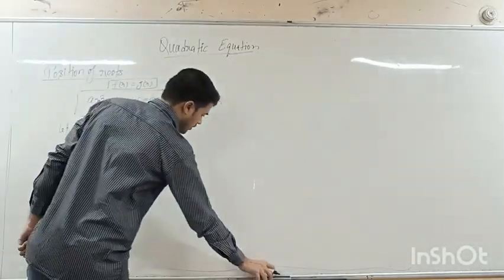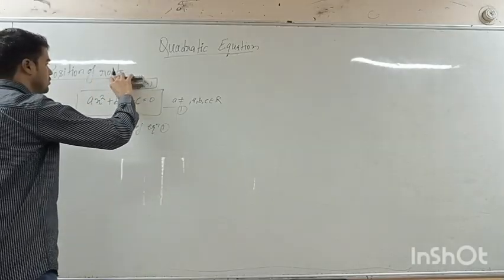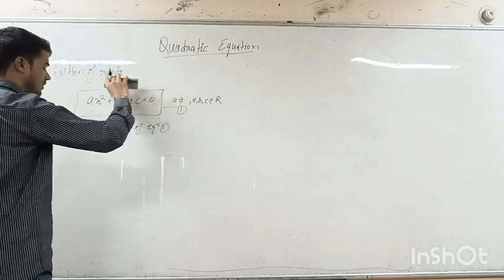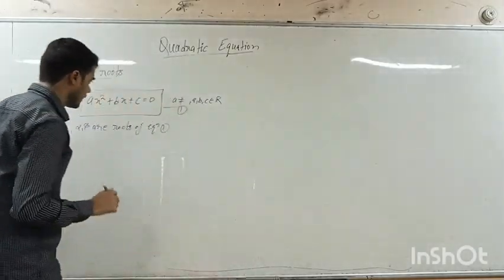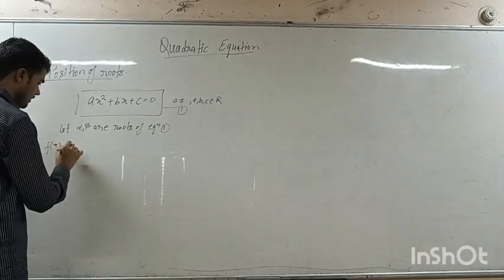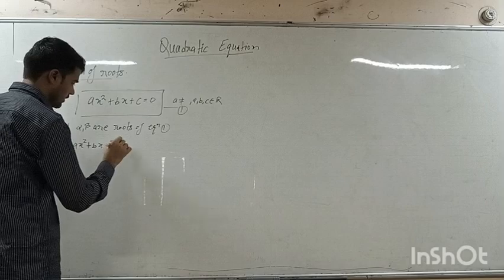This is true for every f(x) equal to g(x). We will apply the same concept here in the quadratic equation. So this is a function f(x) equal to ax square plus bx plus c.